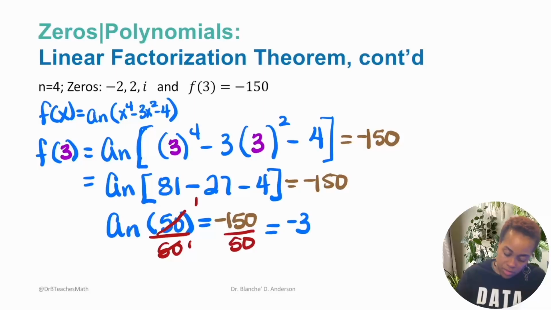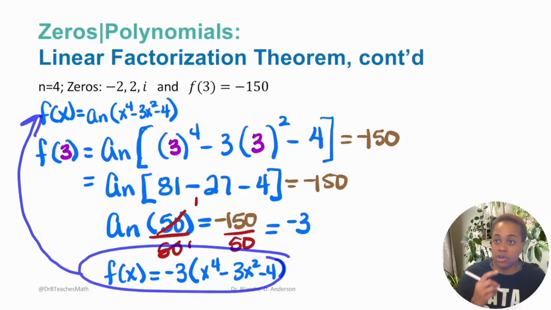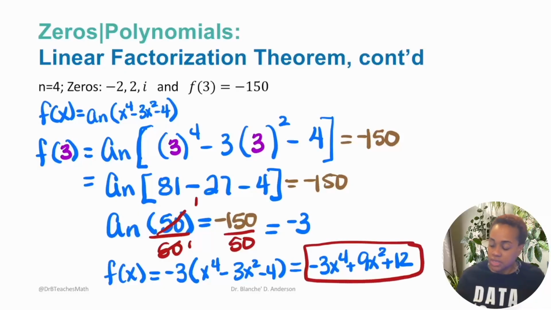So then my polynomial will look like f of x is equal to negative 3 times x to the 4th minus 3x squared minus 4. Where did that come from? That came from here, what we started with. So now we found a sub n. So my final polynomial is negative 3x to the 4th plus 9x squared plus 12. Easy?